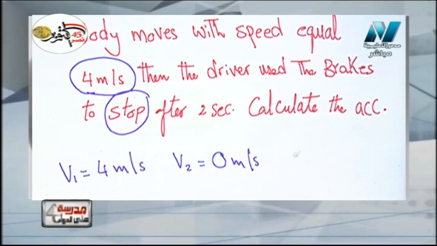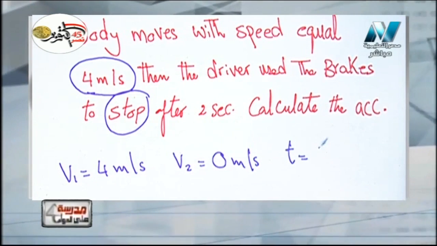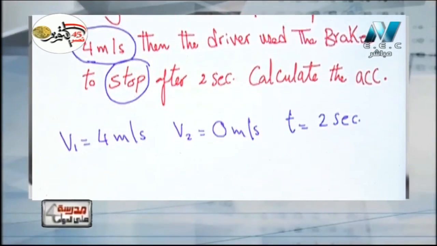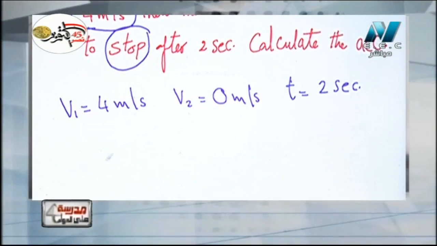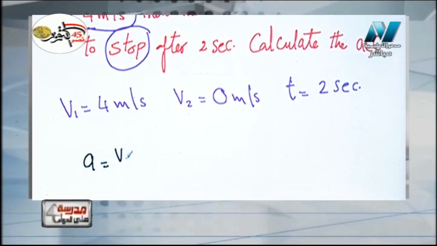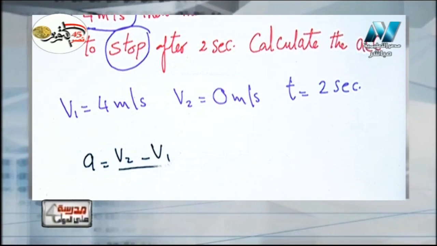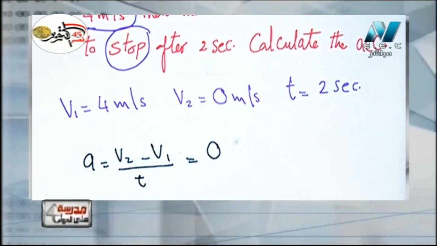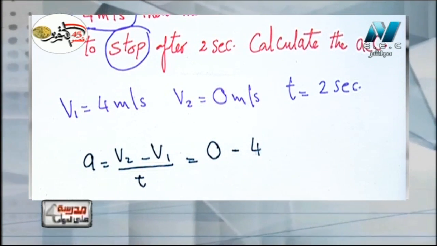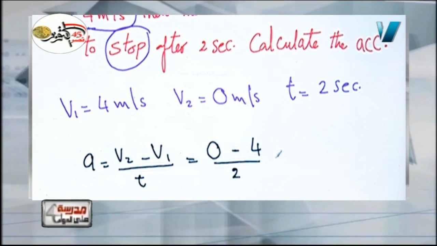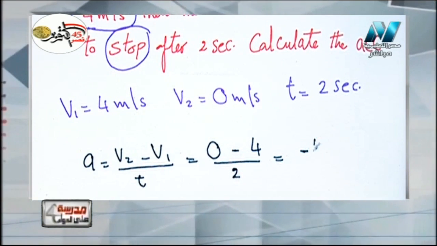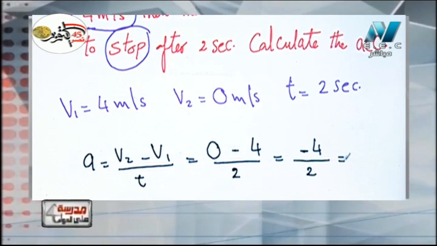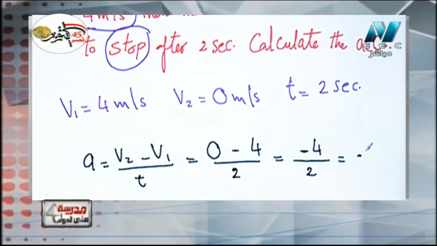Okay, then we have time equal how many? Equal 2 seconds. So how can we calculate the acceleration from the mathematical law? هنكتب A equal V2 minus V1 over T. So 0 minus 4 over 2. So we have negative 4 over 2, so we have negative 2.